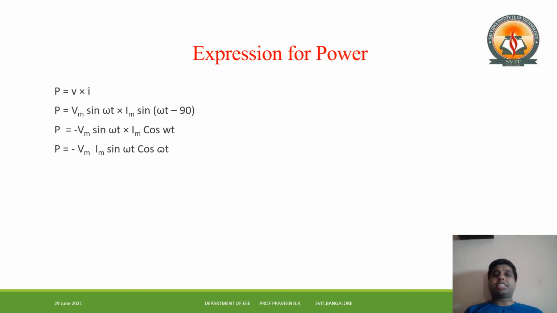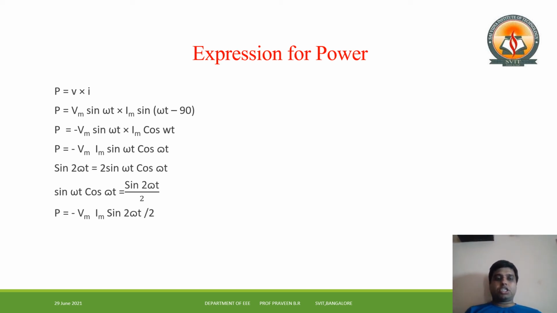So sin omega t cos omega t is sin 2 omega t divided by 2. I'll substitute it in the above expression of power. So I get P = -Vm Im sin 2 omega t / 2.